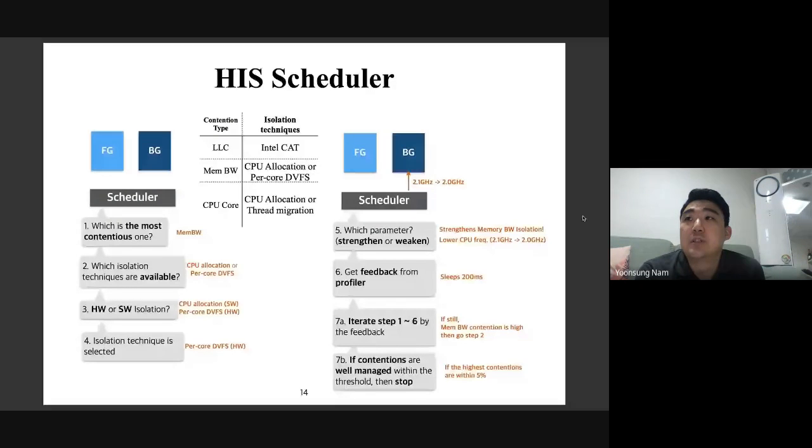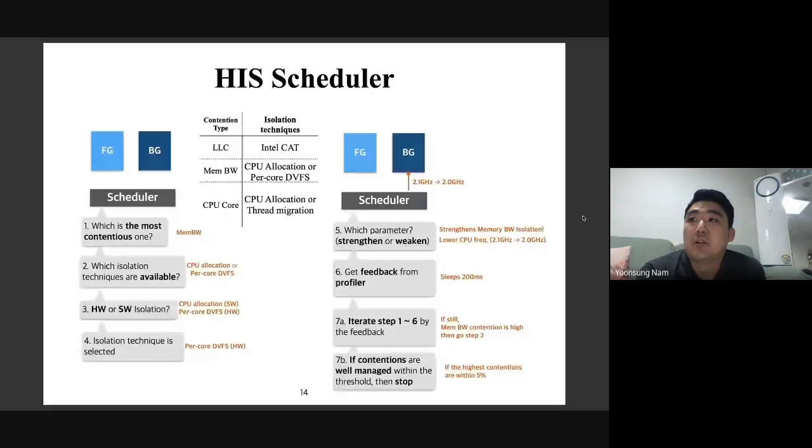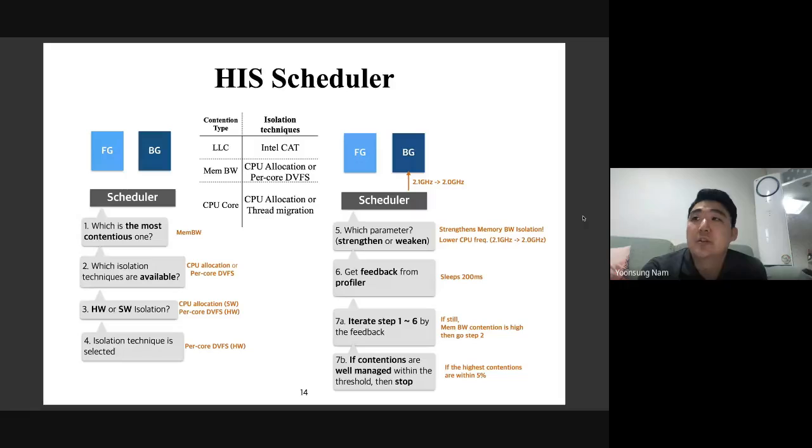Firstly, it checks which is the most contentious resource and checks if there are corresponding isolation techniques. Among the isolation techniques, the scheduler chooses hardware isolation techniques if available. Once the isolation technique has been chosen, it searches for the isolation parameter.